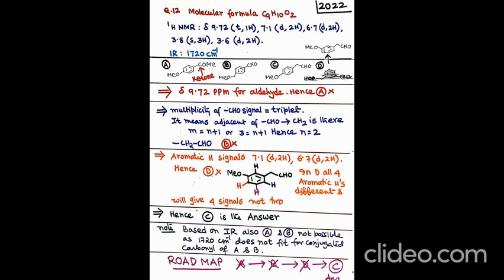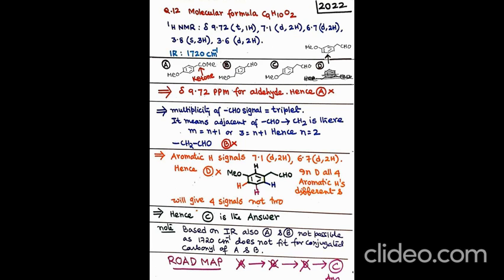C is a para-disubstituted compound and D is a meta-disubstituted compound. In order to cancel one, we have to concentrate on the aromatic signals. In the given data the aromatic signals are at 7.1, appearing as a doublet for 2 hydrogen, and another one at 6.7 doublet, also 2 hydrogen.